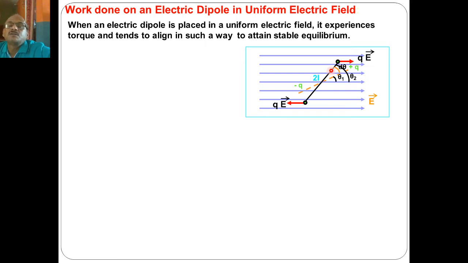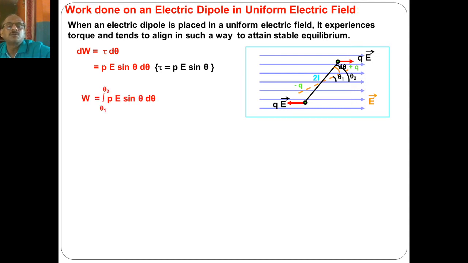Then the work done will be tau d theta. So mathematically dW equals tau d theta, and we substitute the value of torque, that is P E sin theta. So the total work done will be the integration of P E sin theta d theta from theta 1 to theta 2.